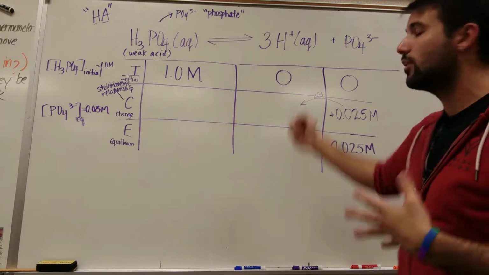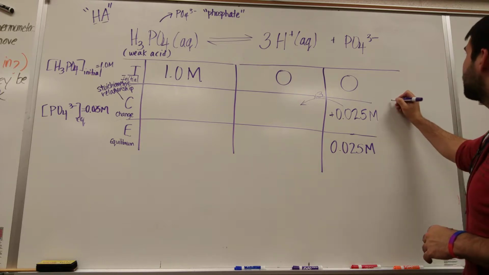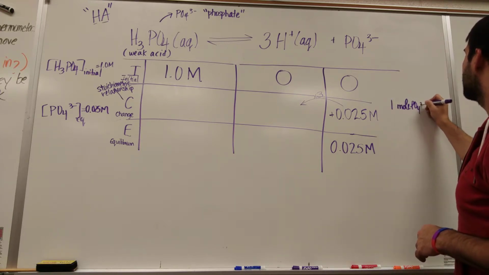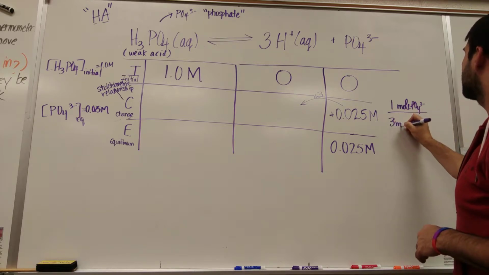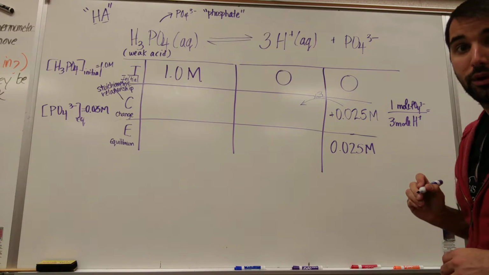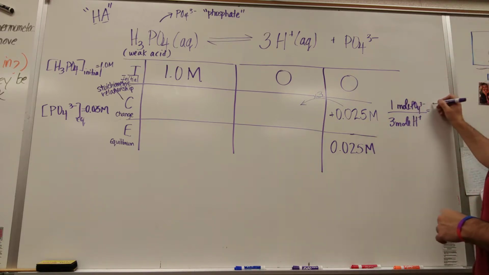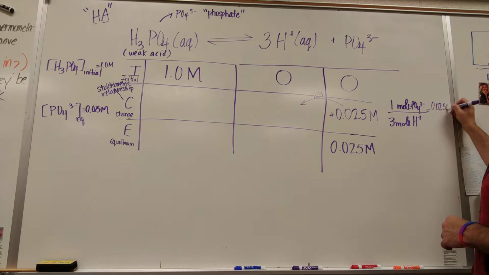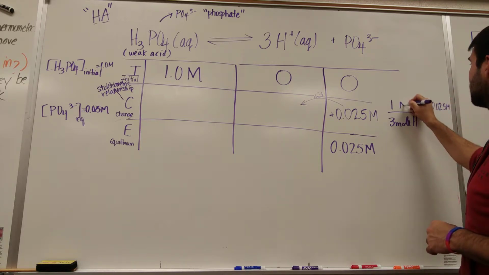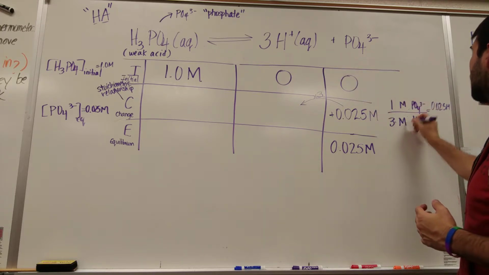If you don't understand why I'm multiplying by 3, I could just set up a simple proportion. So for every 1 mole of PO4 3 minus, there are 3 moles of H plus. That's equal to, right, I'm setting up my proportion, 0.025 molar. And I could use molar, so let's say 1 molar instead. We're assuming it's all in the same volume.